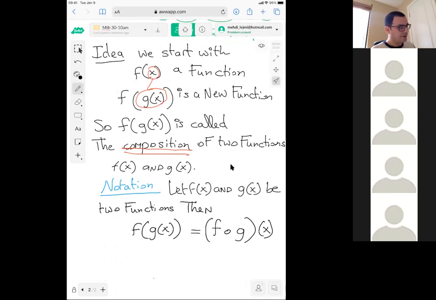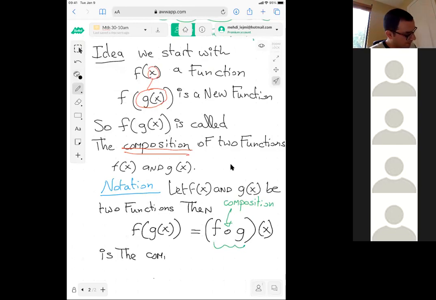So this is a new notation here. This circle here, or this empty dot here, means composition. Okay, this is a composition. So this f of g of x is the composition of f of x with g of x.